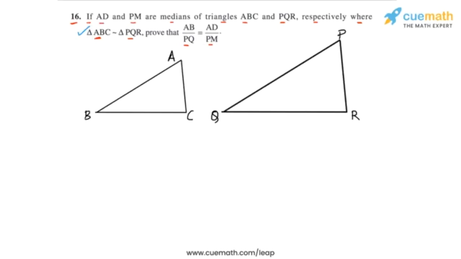So here's a figure of two similar triangles that I'm going to use for this problem. ABC and PQR, they are similar. And AD and PM are medians. So let's draw the median AD.